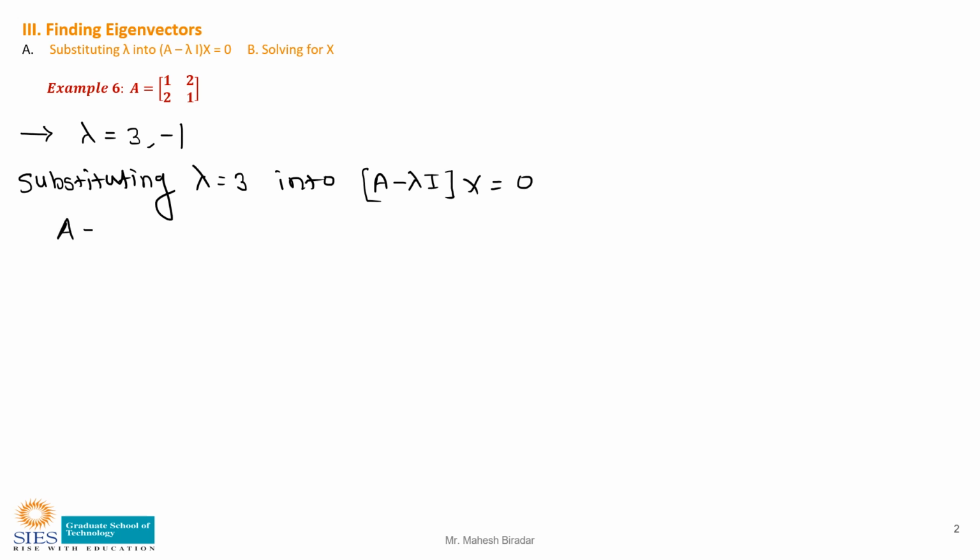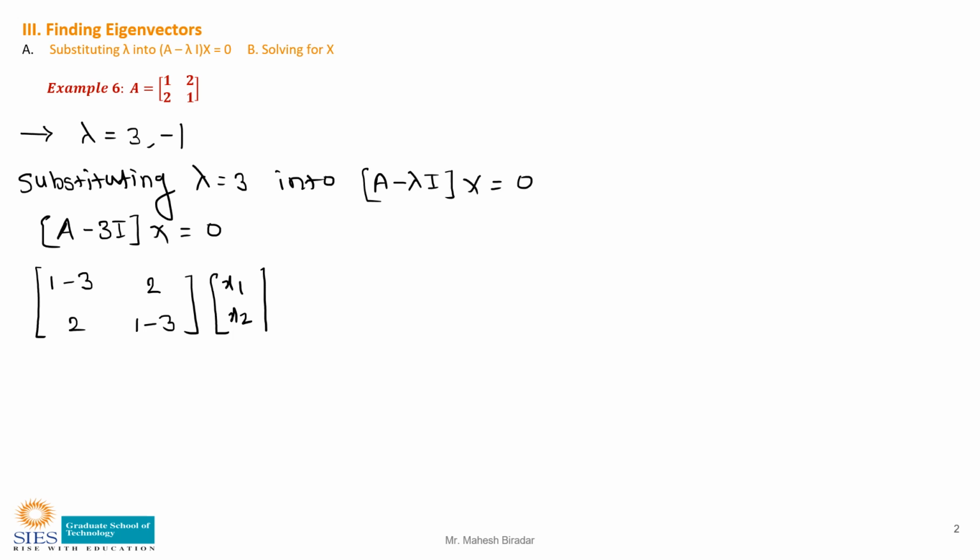If you put lambda is equal to 3, it means you need to subtract 3 from the diagonal elements: 1 minus 3, 2, 2, 1 minus 3, into x. X is a column vector with 2 components because the given matrix is of order 2 by 2.